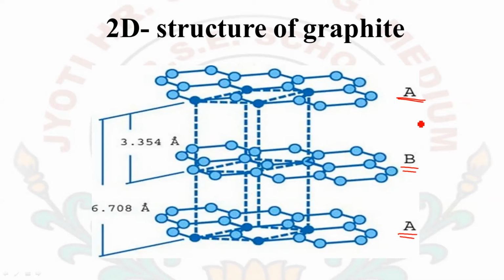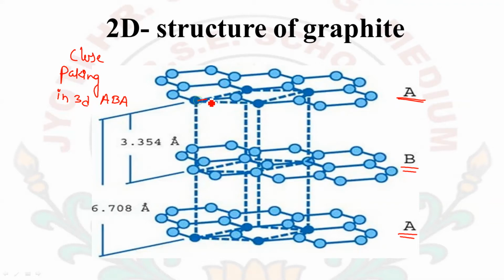So the layering type, or the close packing in 3D, is done in the form of ABA. You can see that it is forming a hexagonal lattice.